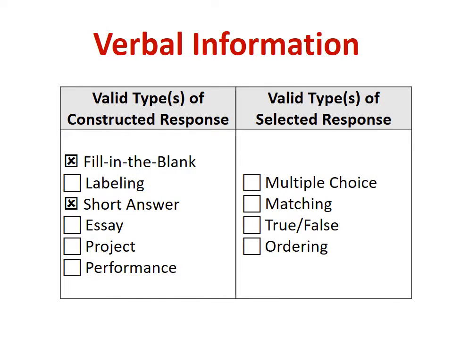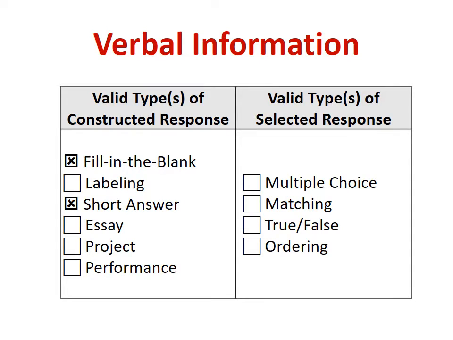So in this case, it's verbal information. Describing a story would be verbal information. And based on the assessment guide, some of the valid types of constructed response items would include fill in the blank or short answer. And there aren't really any selected response types that would be appropriate.